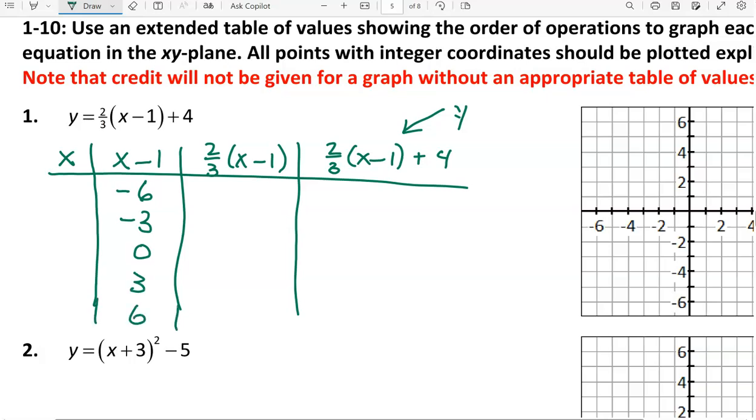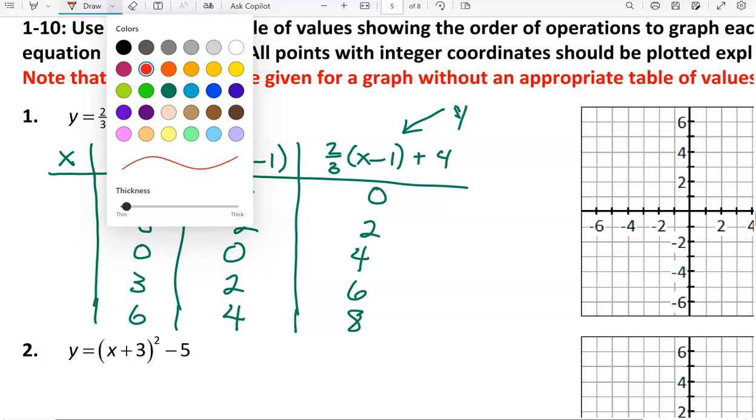When I multiply them by 2/3, we get -4, -2, 0, 2, and 4. And then in the last column, we just add 4 to each of those values. That'll give us 0, 2, 4, 6, and 8.